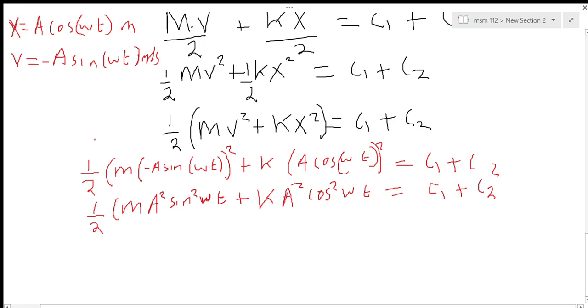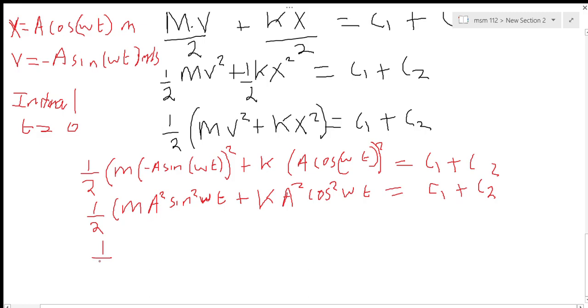Then we consider the initial point, where t is equal to 0. We are going to put 0 where there is t.